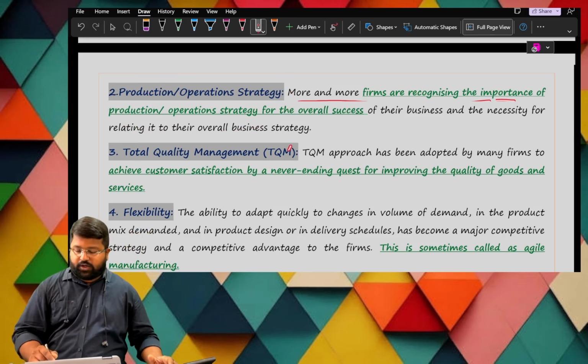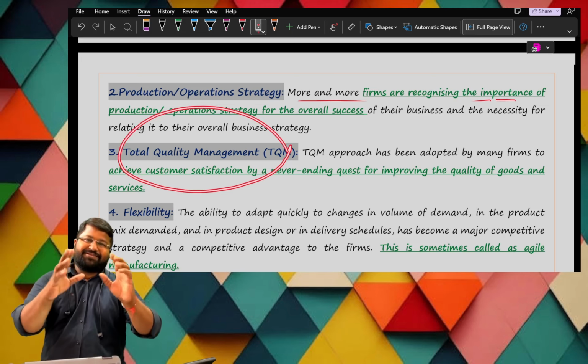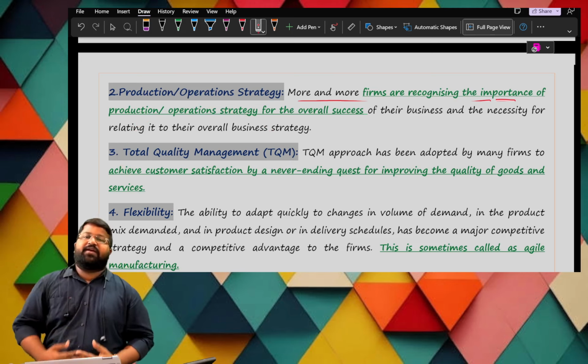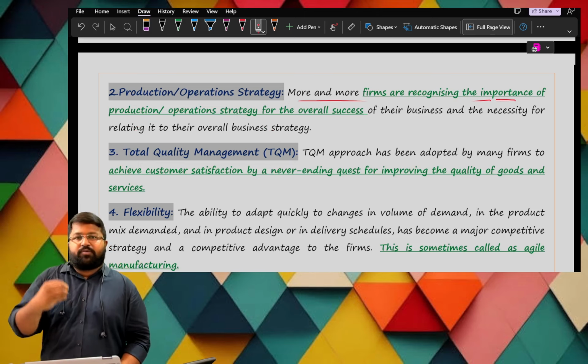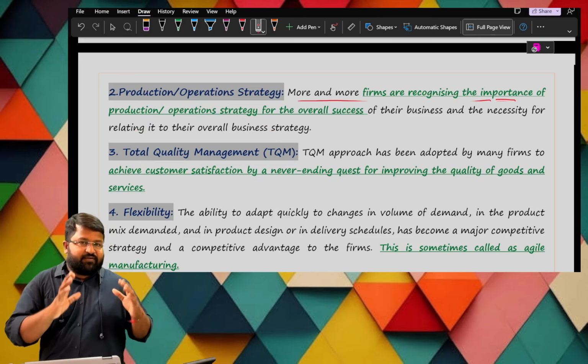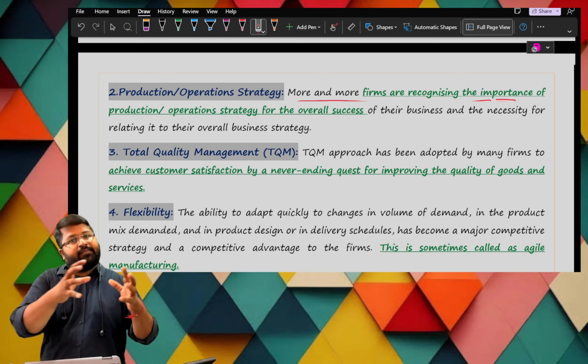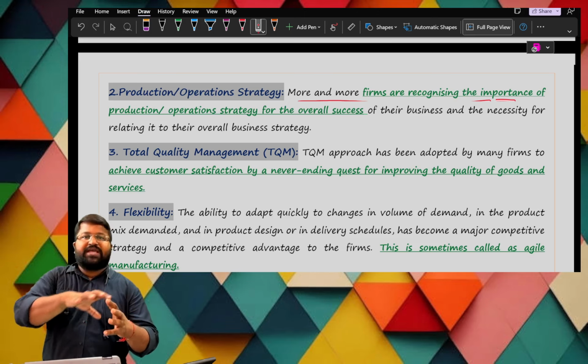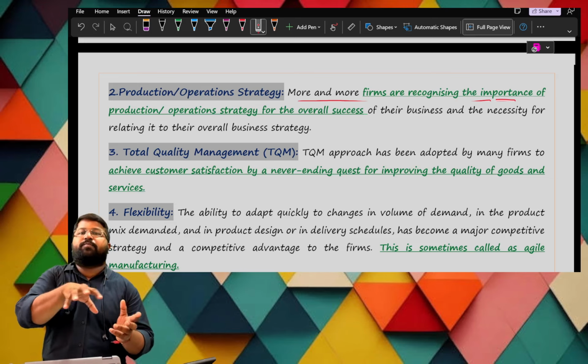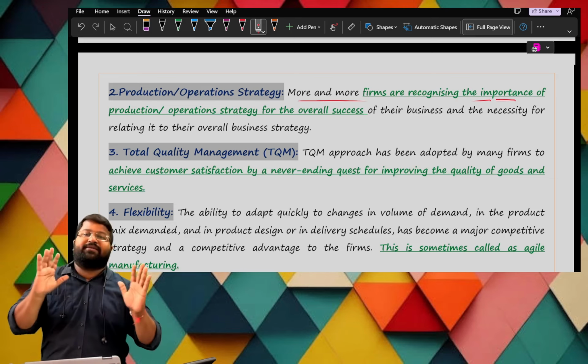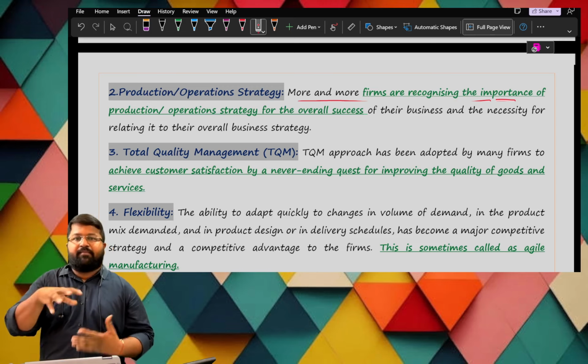Okay, next, total quality management. Simply put, all the activities should have good quality. If I want to manufacture a product, there are a number of operations, and everyone should participate, so everyone should maintain some sort of quality. For example, I'm manufacturing biryani.